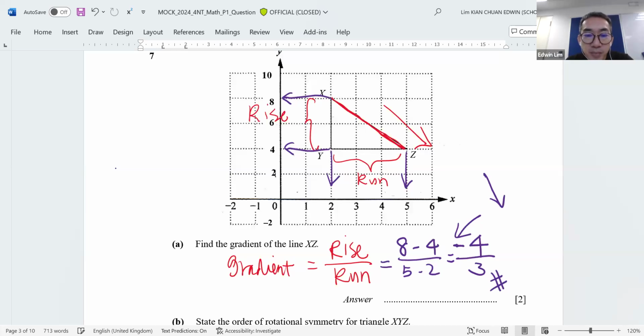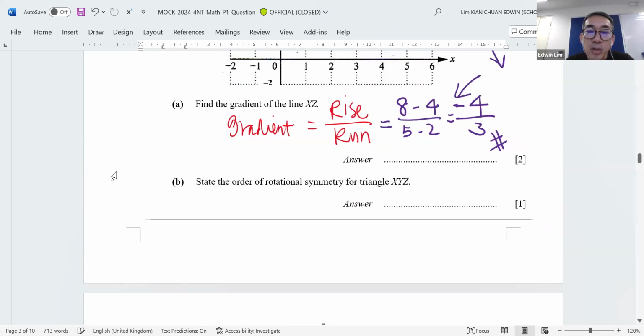Next question, they're asking you, state the rotational symmetry of the diagram, triangle XYZ. Okay, for this, if this is the diagram, rotational symmetry meaning I need to rotate the paper from 0 to 360.